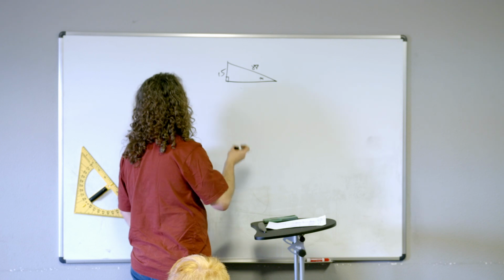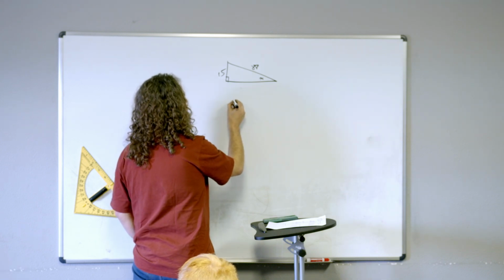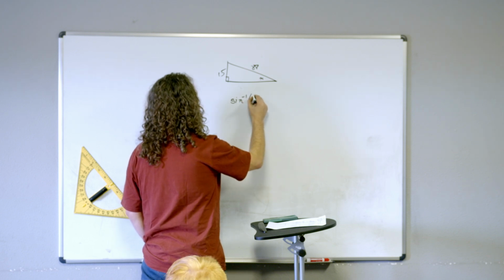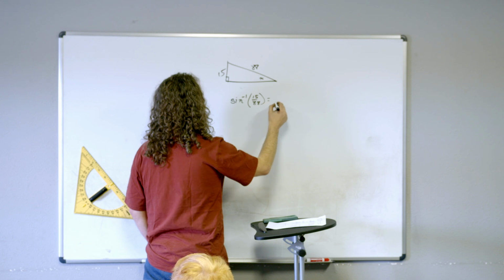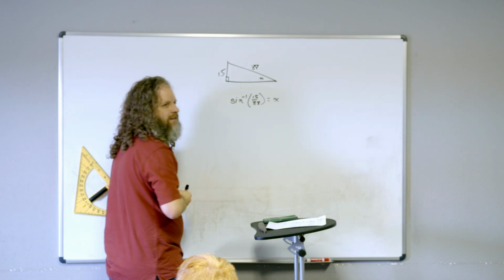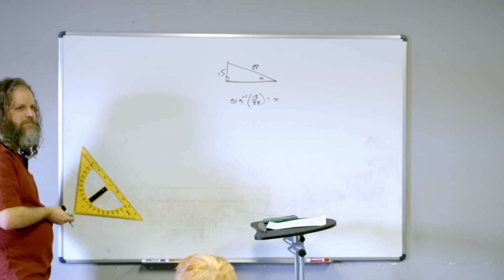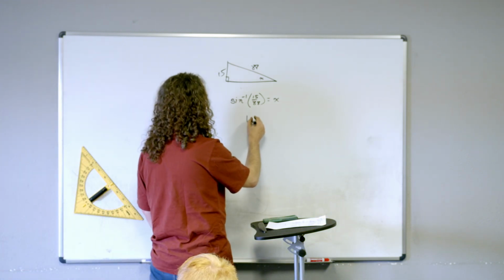Looking for the angle, so inverse sine of 15/88. And then enter. 9.81. And you round to the nearest degree and get 10.